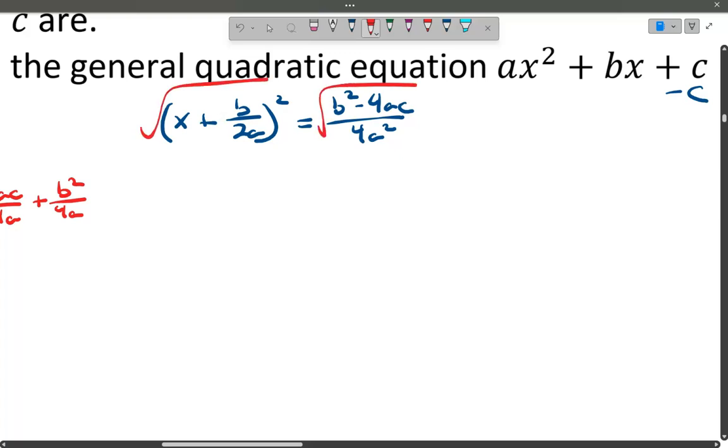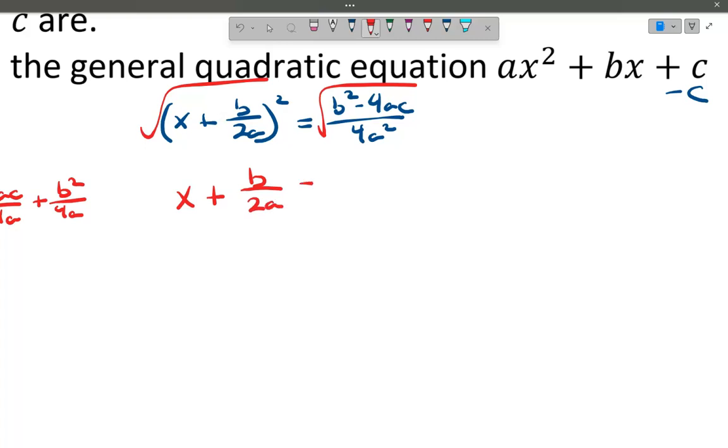We'll square root both sides, so we'll be left with x plus b over 2a equals positive and negative the square root of b squared minus 4ac all over the square root of 4 is 2, the square root of a squared is a. Now note, we cannot take the square root of b squared or 4 because those are terms, not factors within the expression, so we can't take the square root and use our product rule. So we have to leave it all in the radical.